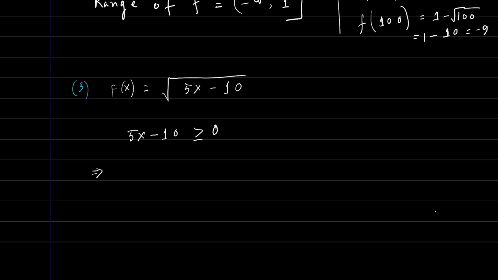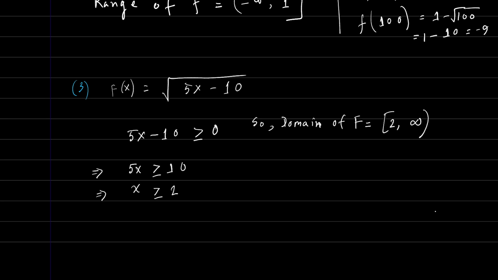If we add 10 to both sides, this gives 10, and if we divide both sides by 5, this gives 2. Domain of f is x from 2 to positive infinity. We can take 2.